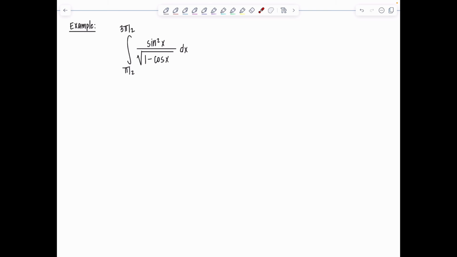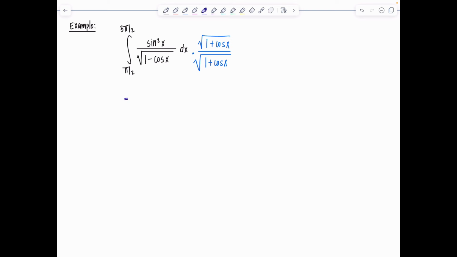I'm going to spoil the surprise though and let you know that the way to start the problem is we're going to multiply numerator and denominator by the square root of 1 plus cosine x. So we've already solved this yesterday, but I will go through the steps again a little quickly. So rad 1 plus cosine x, top and bottom. And let's see.